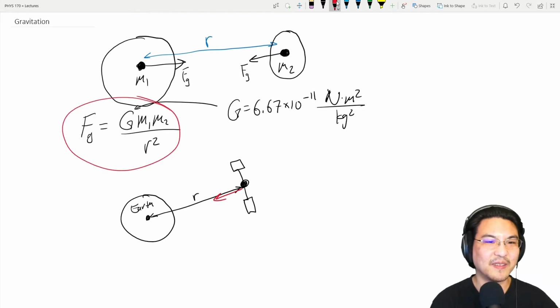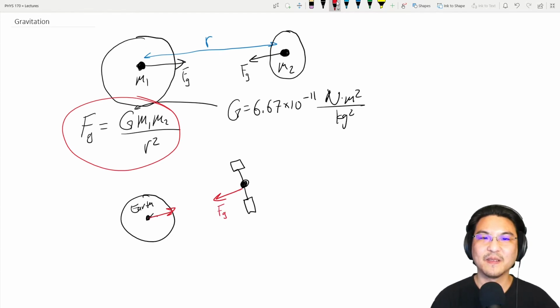Like this. And it's attractive, so it's toward the center of mass of the Earth. And then the space station also attracts the Earth toward it like this. Okay, but if we just do a free body diagram of the space station, then it just looks like that with the one force by gravity.